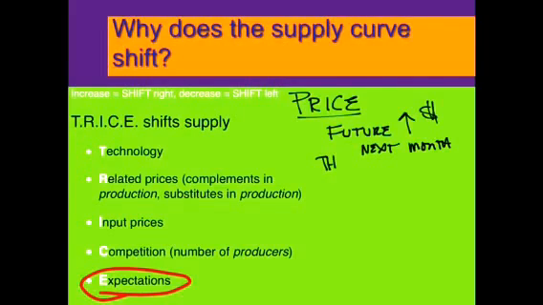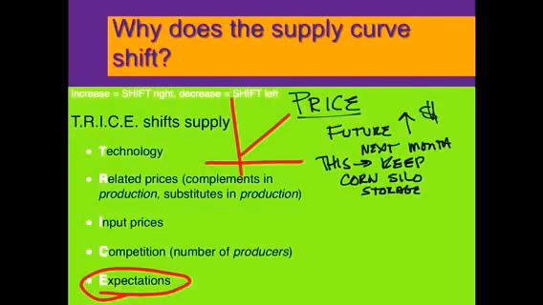This month, you're going to keep corn in the silo. You're going to keep your corn in the silo, or certainly in some form of storage. Okay? You will wait. And then by definition, if you are in fact going to wait, you have a situation where the supply of corn will shift, at least in the short run here, to the left.